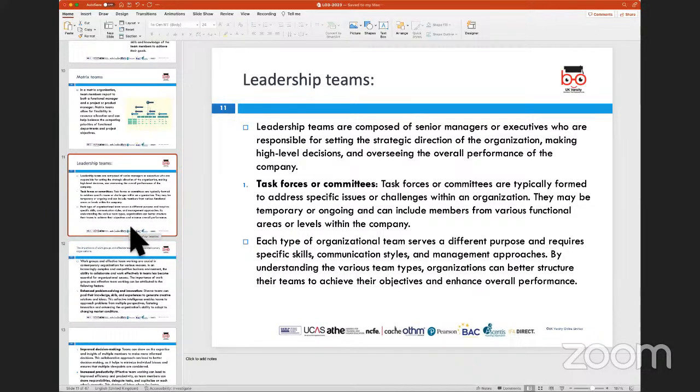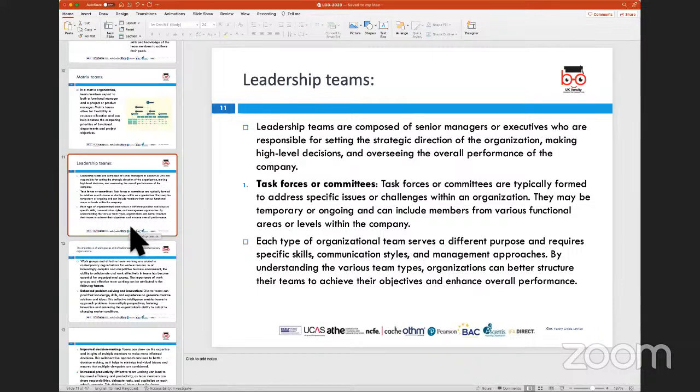So an example here would be a board of a company. Now, that would be considered a leadership team. So when I talk about the Twitter board, Elon Musk is the CEO, but along with him, there are 3 or 4 other influential members who are responsible for deciding the direction in which Twitter is governed and how policies and procedures within Twitter are enacted. That would be the function of what is called the leadership team.